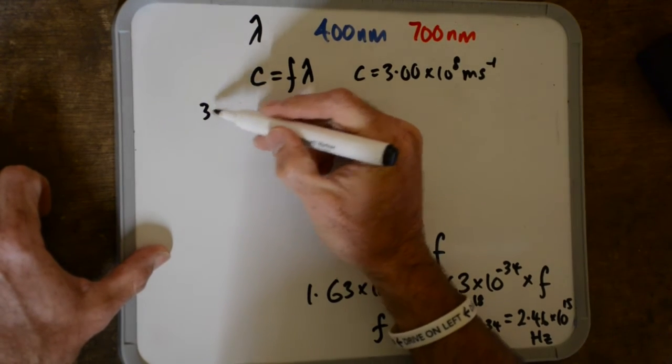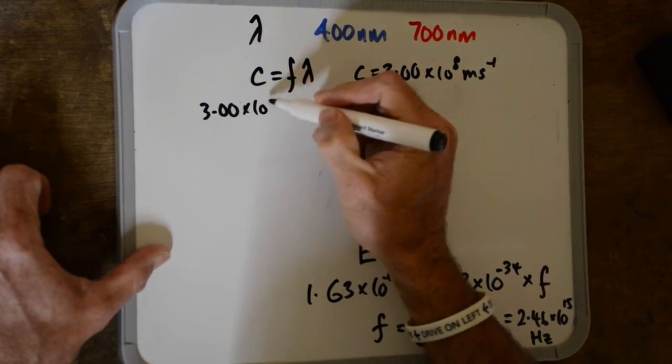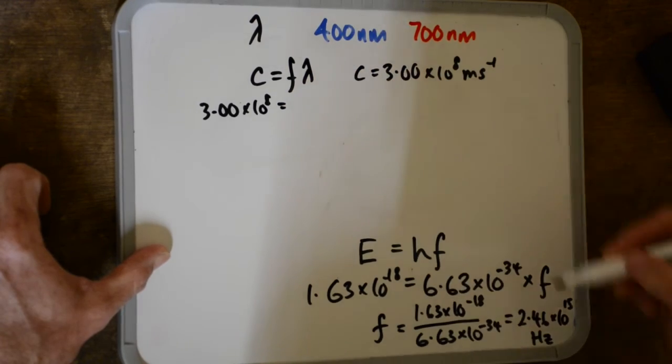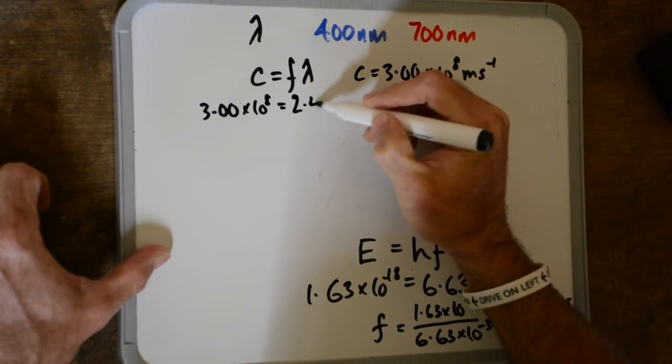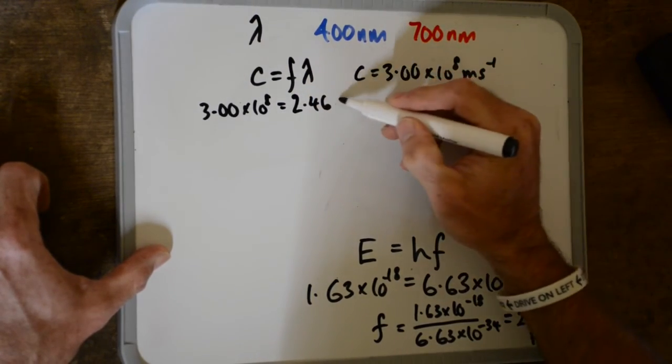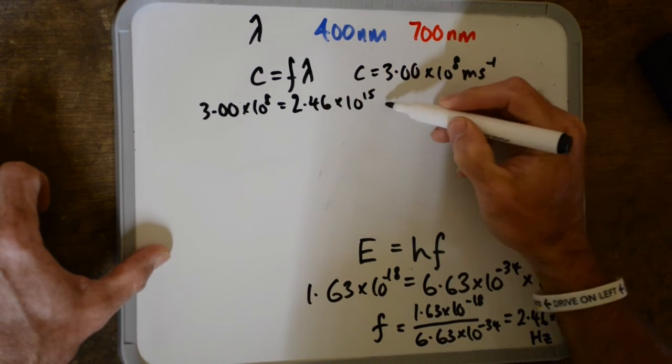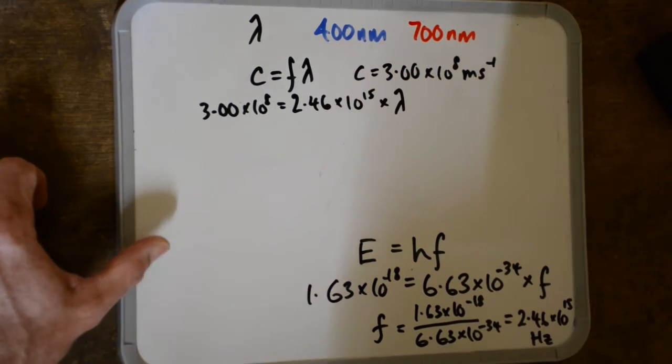So 3.00 times 10 to the 8 equals 2.46 times 10 to the 15 times the wavelength.